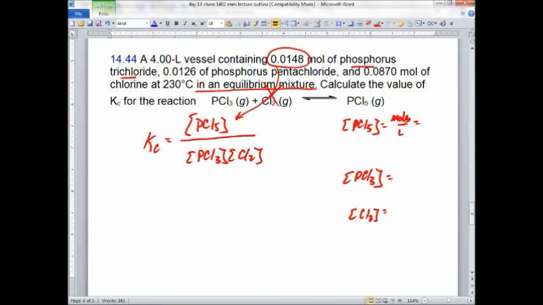Each one of those by 4, exactly. 0.0148 moles of the PCl5 divided by the volume in liters, 4 liters. Do the same for each one of these. And that's what you plug in to the Kc expression. See if you can get it to work.